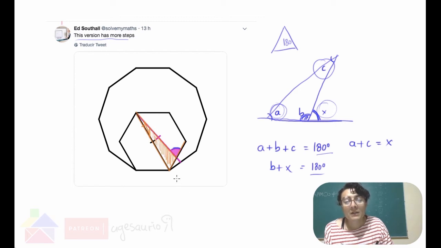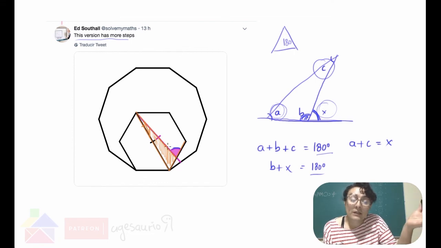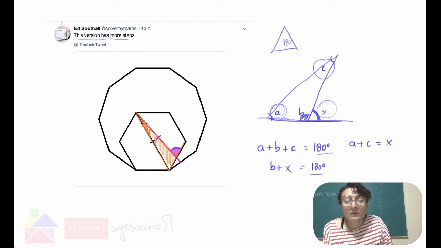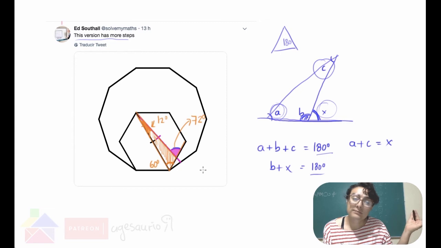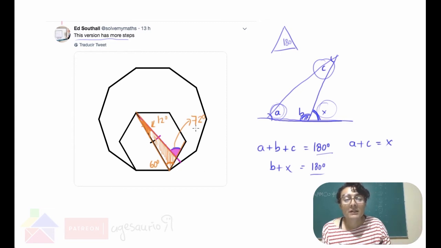So we have to find out how much the other two measure, but we already know that. We just found out that this one is 12 degrees and this one is 60, because it's a diagonal on a regular hexagon. So it's pretty simple, right? 72. That's it.